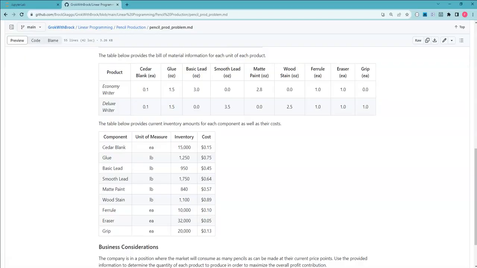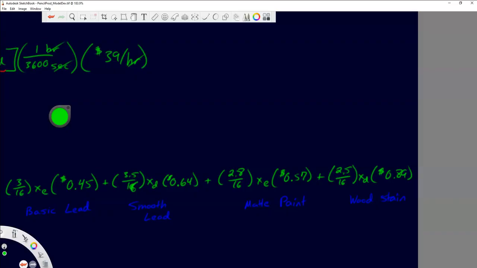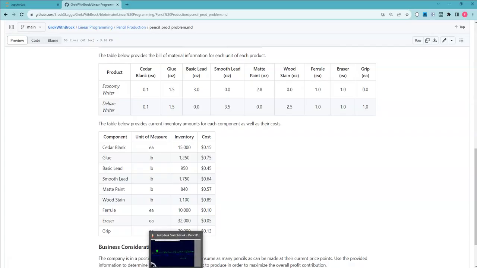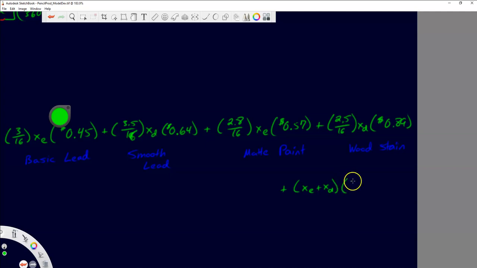And then we're down to the ferrule, the eraser, and the grip. The ferrule and the eraser, just one each on the component. So I'm going to scoot down here. This will be the ferrule, that's 10 cents.